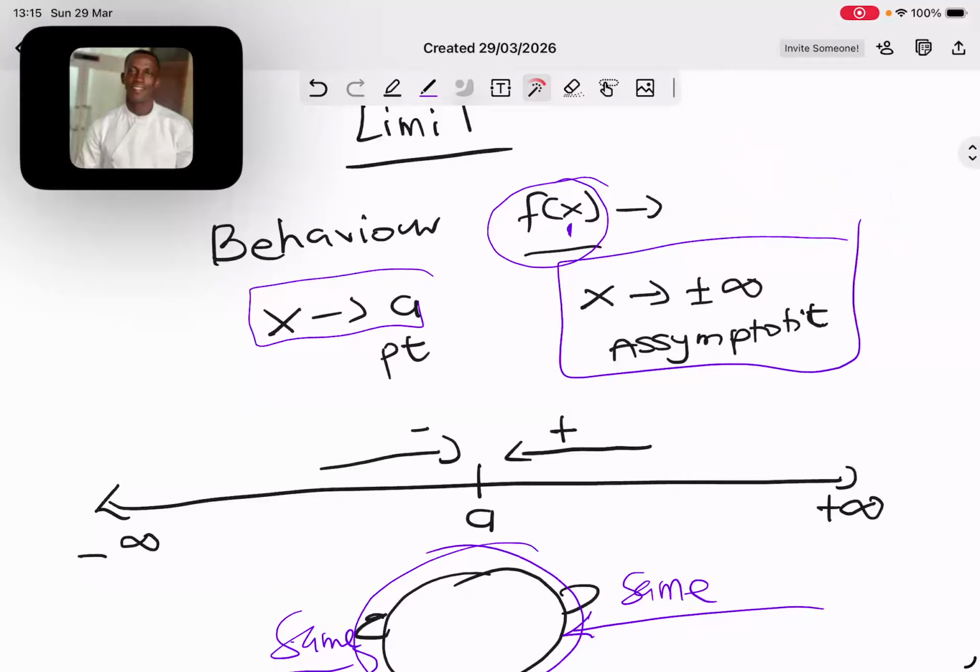And so if we're looking at the limit of the function, it means that we are looking at the value that f of x is approaching as the variable x is approaching a certain number.